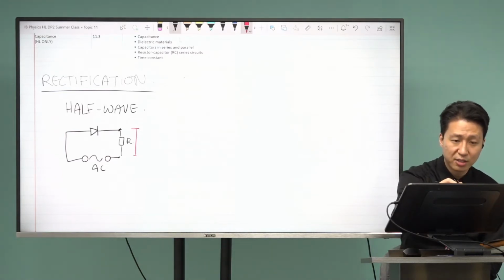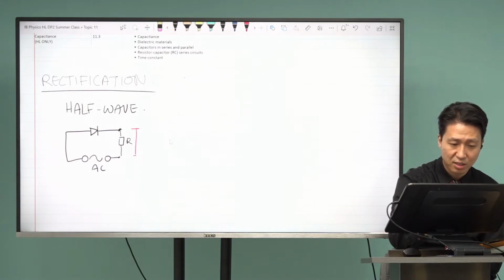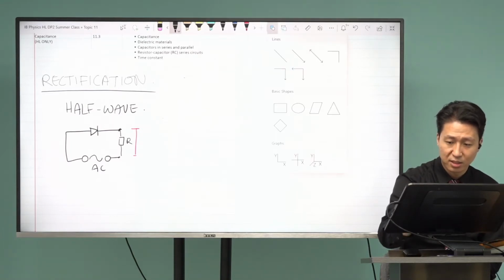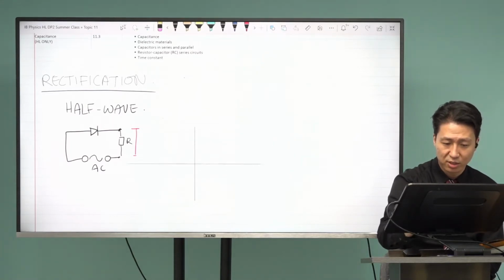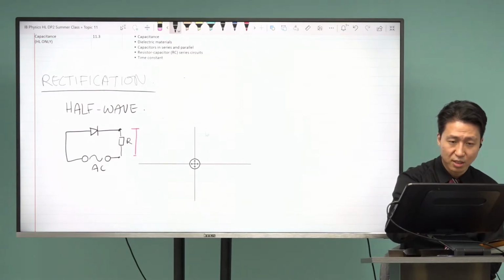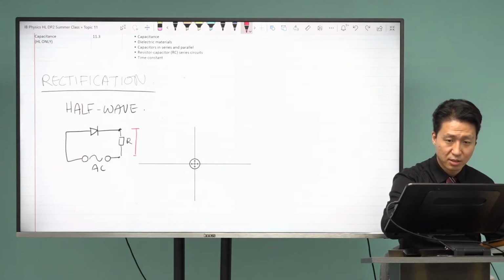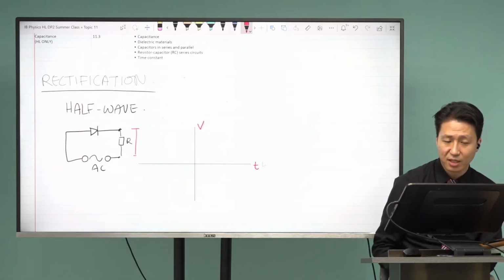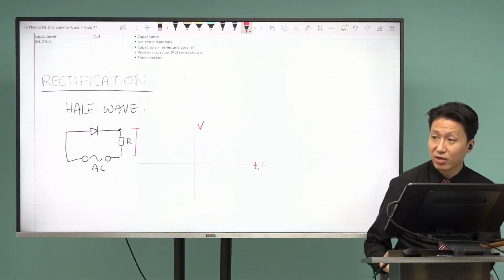Well, if you draw this for half-wave, let's try it like so, with the vertical being the voltage and the horizontal being the time. Normally this would be a sine wave because it's AC, right?